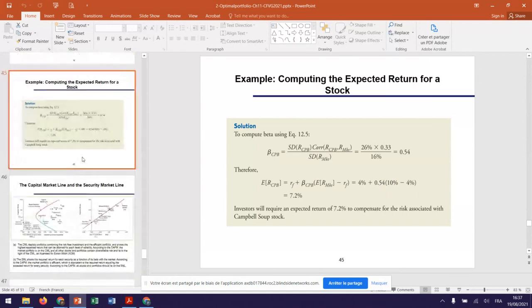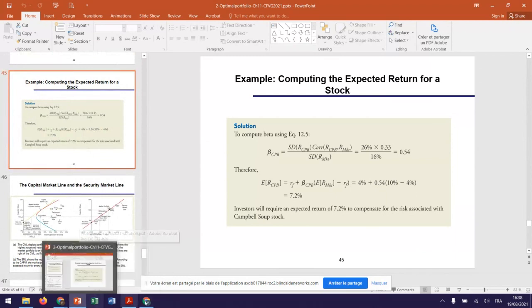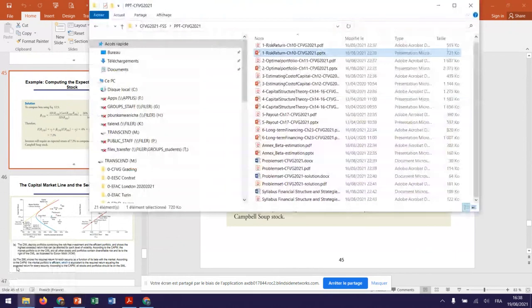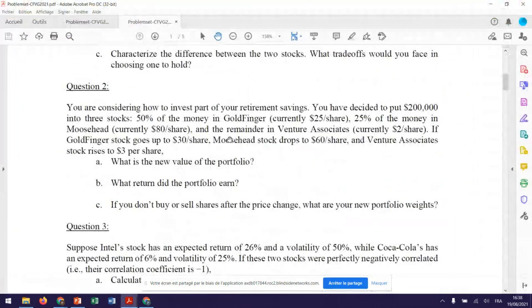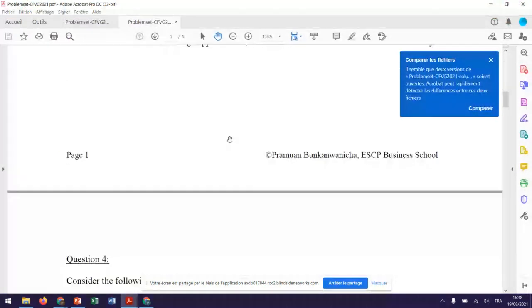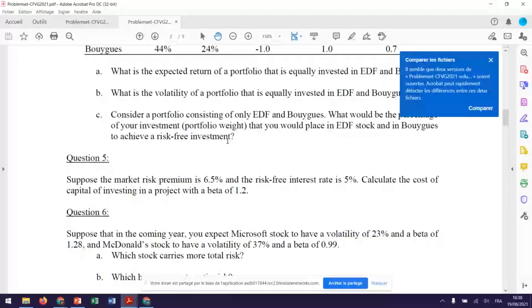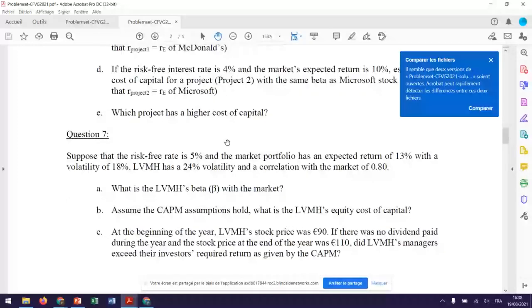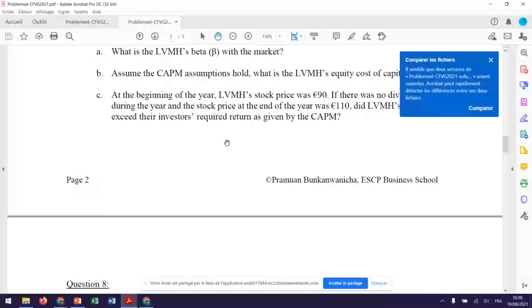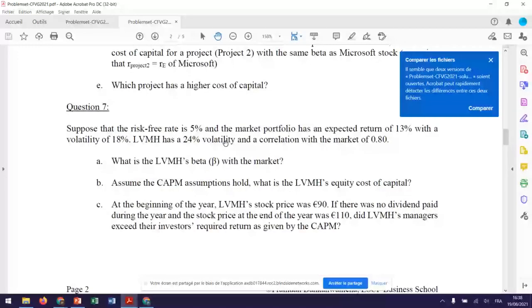After this, probably this is a little bit a lot. Let me check what kind of exercise I can propose to you. Basically you can do everything until question number 7.